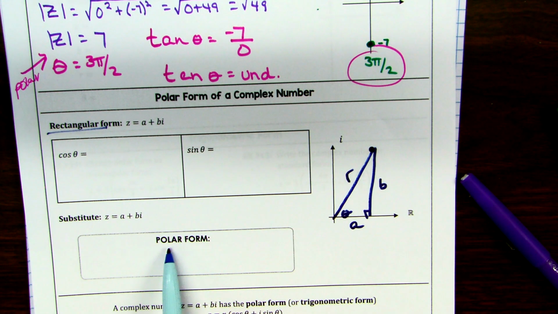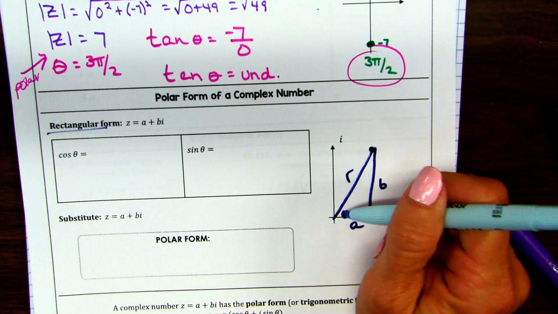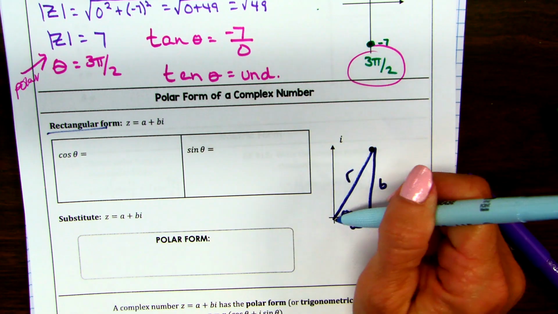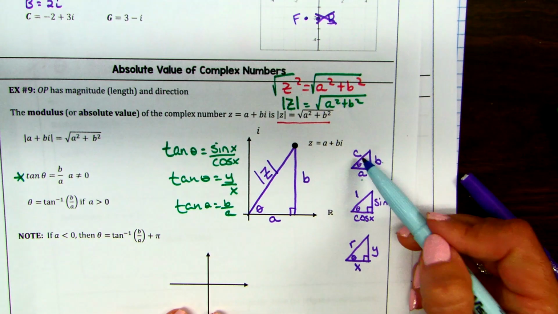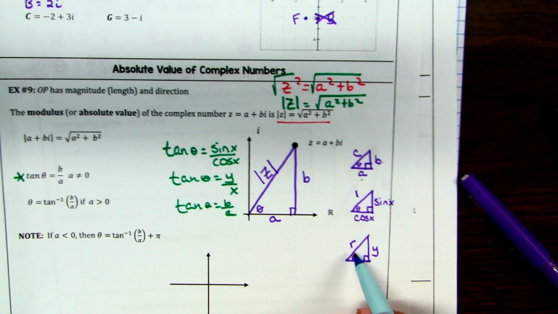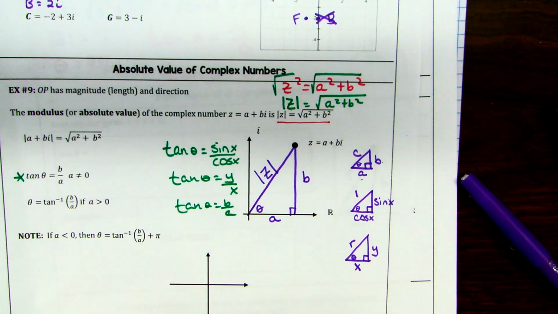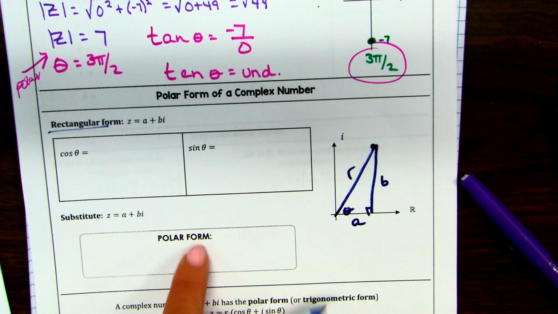What does polar always have in it? R's and thetas. So instead of using C, instead of using the word hypotenuse, instead of using the absolute value of Z, all those different things we called the hypotenuse, for the purpose of this problem, it makes sense to use R. They're all interchangeable, okay? So I'm going to use R because it works best for polar form.